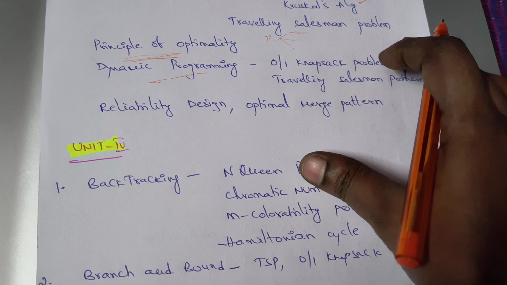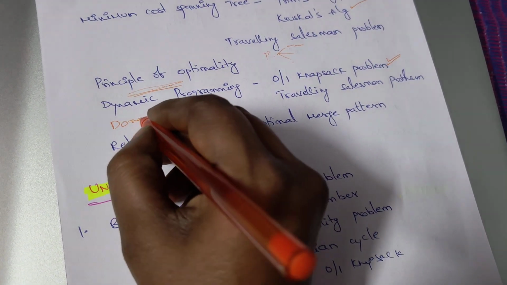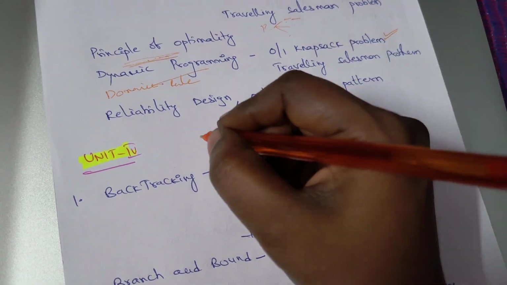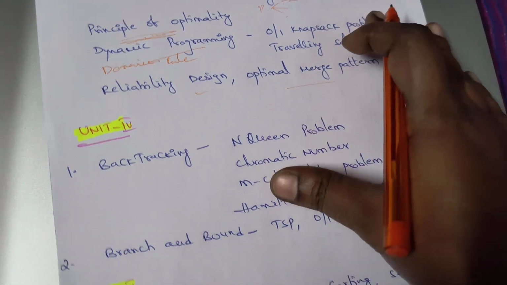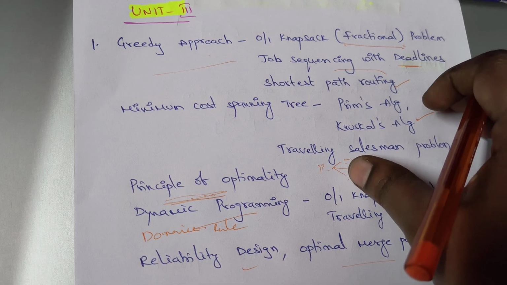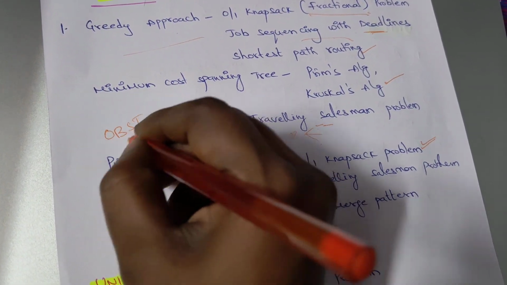You can study either. I forgot to write one more 2 mark question, the dominance rule. Then reliability design and optimal merge pattern. And the other question I forgot is OBST, optimal binary search tree.